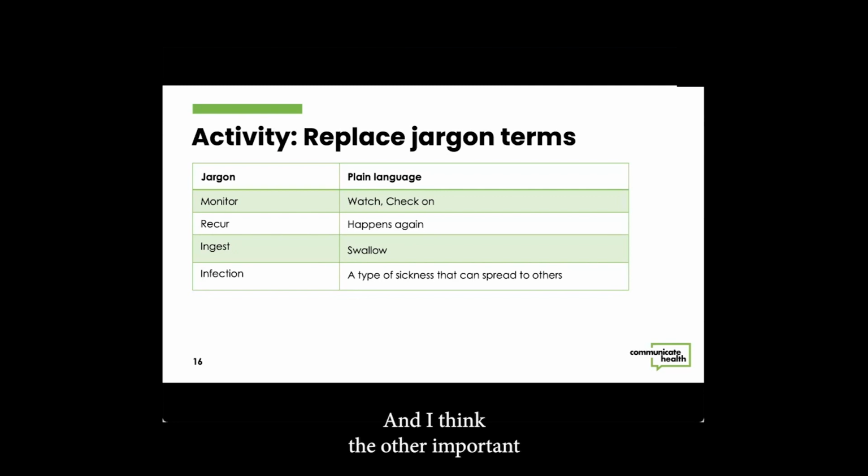And I think the other important distinction here too is, especially when we're communicating about health information, we know that health information is sensitive. So thinking about the state in which people are receiving health information, they might be scared, nervous, frustrated. So those are all different emotional factors that impact people's ability to process information, and is another reason to err on the side of using plain language whenever possible.